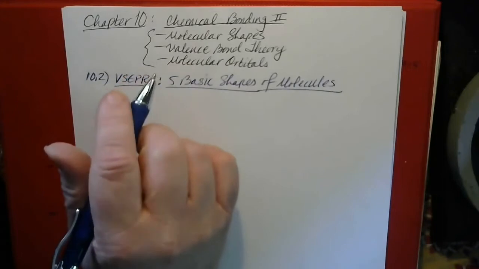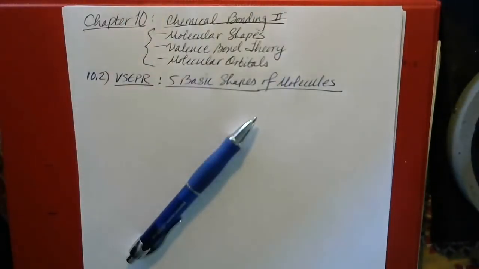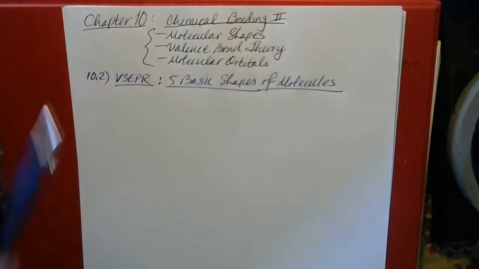If you take a protein and change its shape, you will change its function, and it may not function at all, or it may do something you don't want it to. So actually being able to determine the shape of a molecule is a pretty important thing.